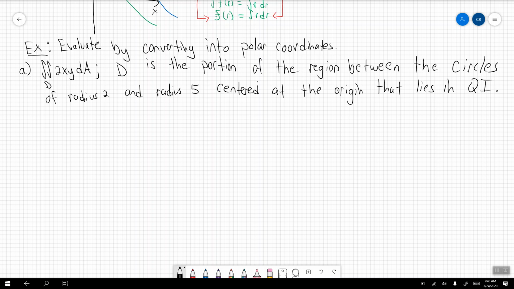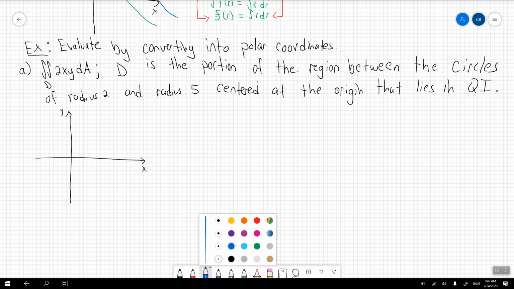All right, so here's a question that says we have to evaluate this integral and we're given this domain. Because we're given this domain, that's the first thing that I want to focus on. The really nice part about this is that we're given the domain, which is the portion of the circles that lie in quadrant 1. And these circles are centered at the origin. So let's see. I'm going to be at the origin.